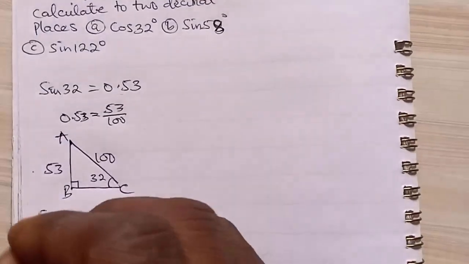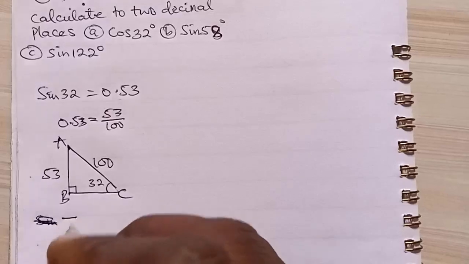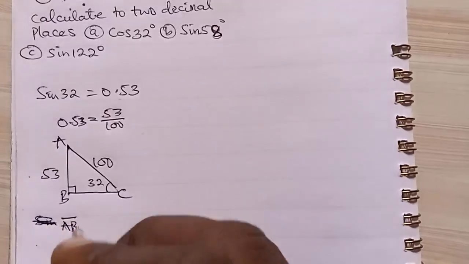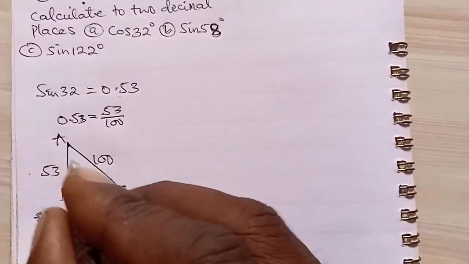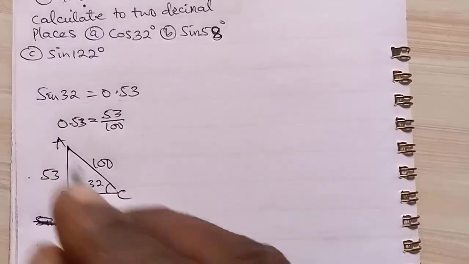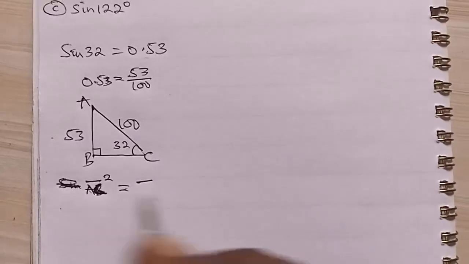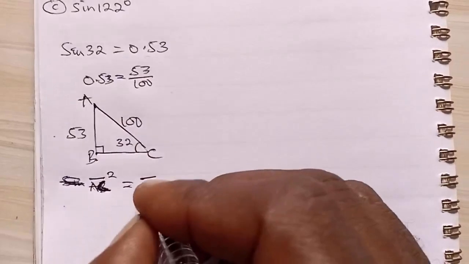So, using Pythagoras, line AC squared is equal to line AB squared plus line BC squared.